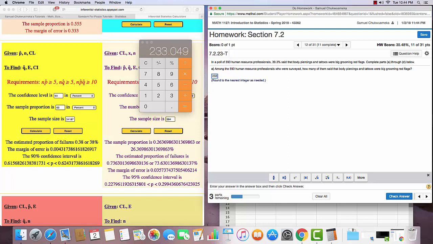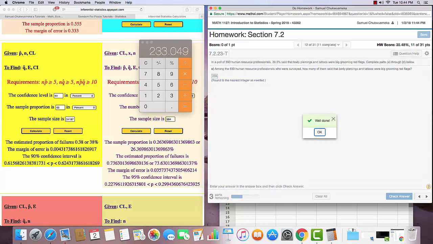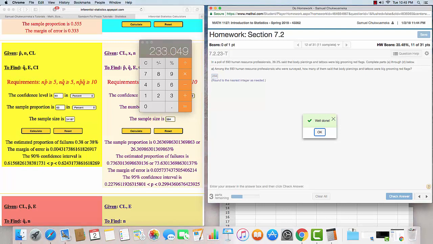But probably 233 would work. So just take note of this. It's good I brought this up. If you round it up and it doesn't work, then you just round down. But like I said, it depends on the context. This is human beings.